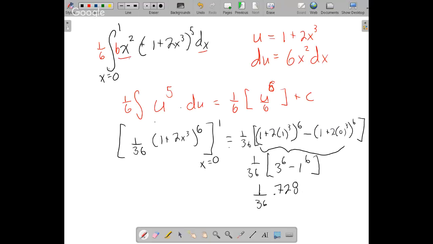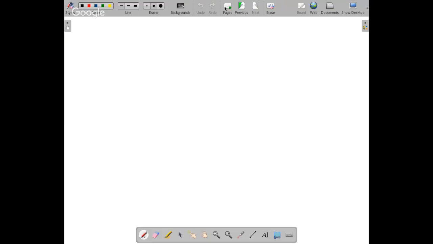Now, alternative would be to rewrite these units right away. So let's go to a new page. So I had the integral from 0 to 1 of x squared times (1 plus 2x cubed) to the power 5 dx. And we did our u-substitutions. I'm just going to repeat that quickly.